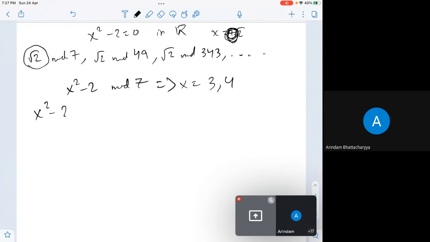What about 9, I guess? 9 does not work, right? What about 10 and 39?